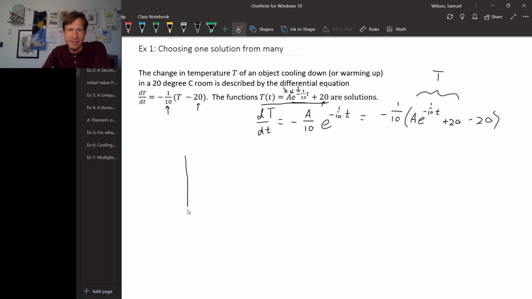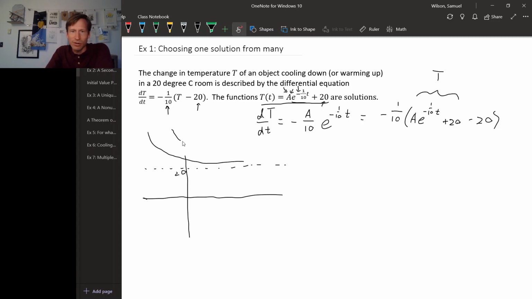So what that's going to look like is, an exponential decay decays towards 0, but we're shifting up 20, so we're going to have this horizontal asymptote at 20. And everything is going to decay towards 20, like this, or like this, or if it starts below 20, it might look like this, or like this.